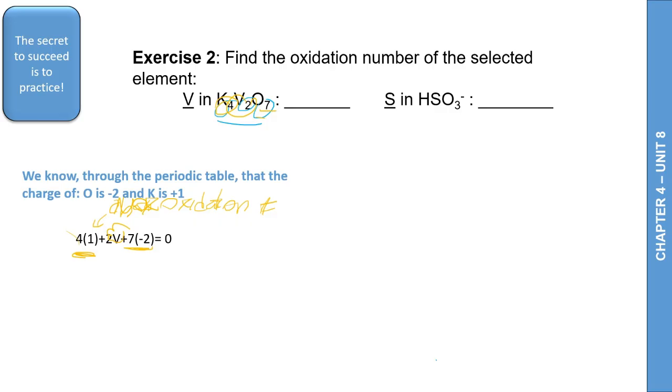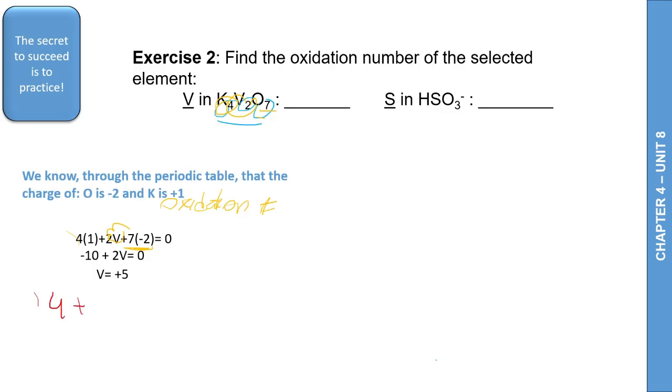Solving this equation, it will be -10 plus 2V equals 0. So we're going to find V. Just calculate, it's a simple equation. So the oxidation number for vanadium is +5.